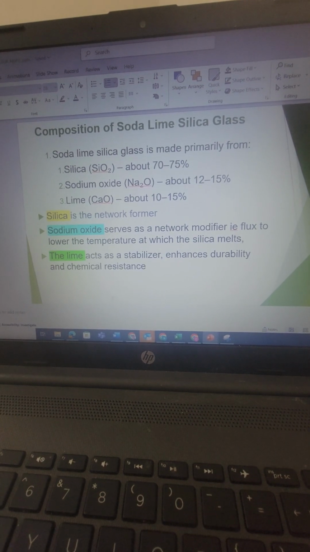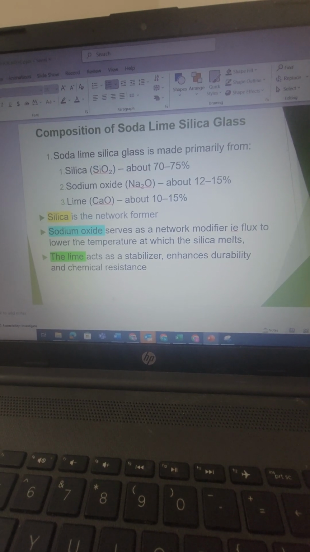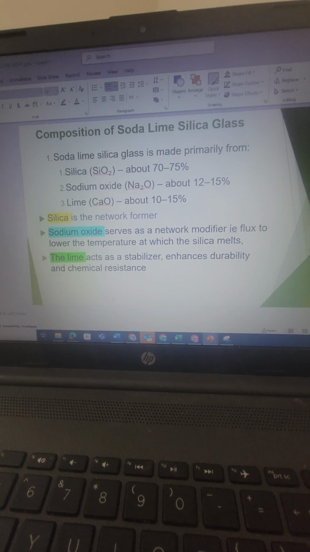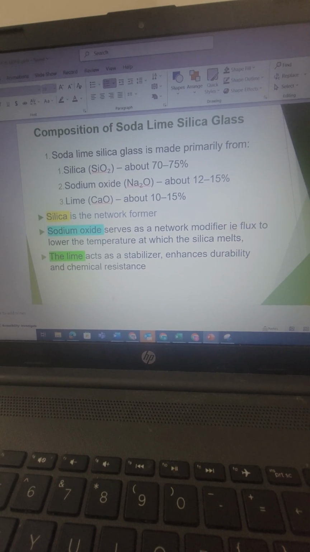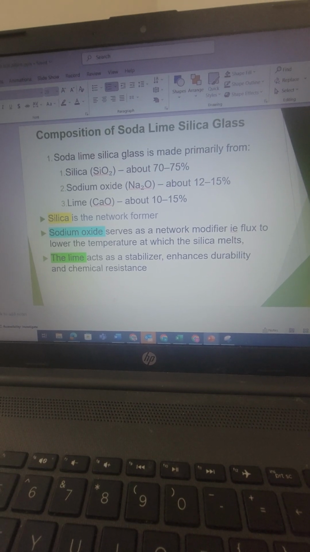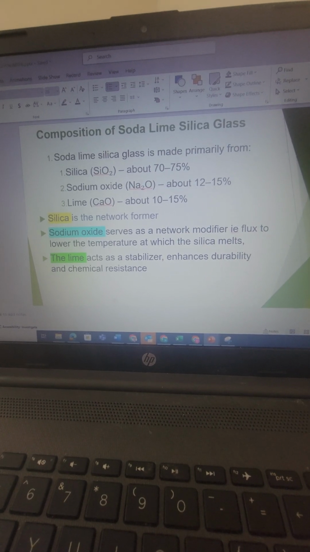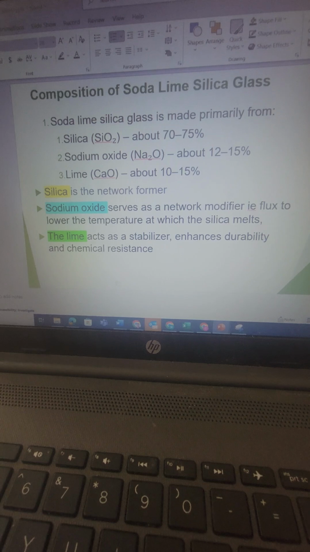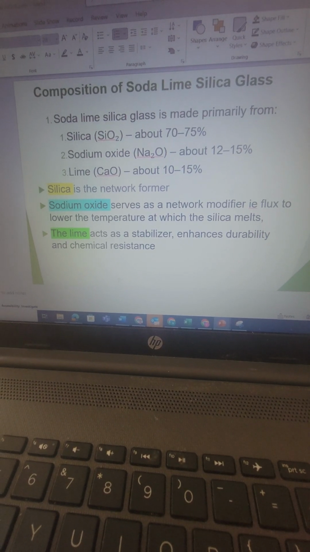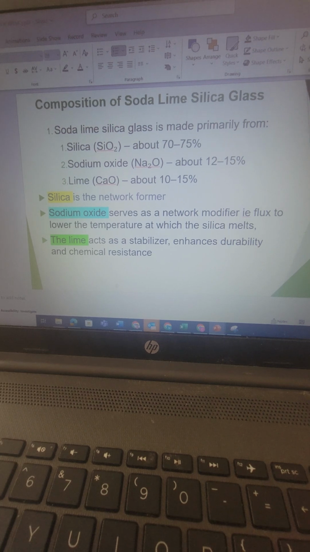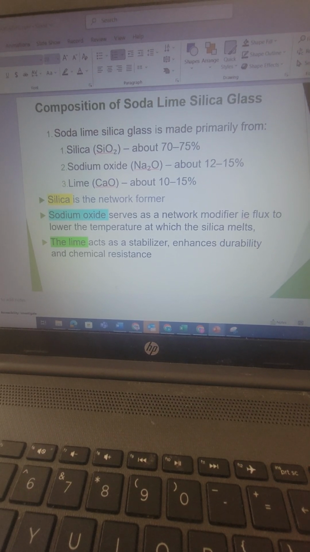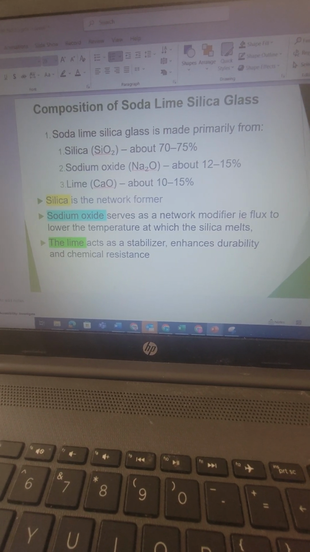Within this composition, silica is the network former, that is the major raw material there. Sodium oxide acts as a flux. When you add sodium oxide, it helps to reduce the melting temperature of silica, and you can melt it at a lower temperature than the melting temperature of sand.